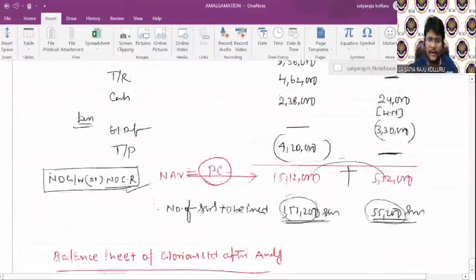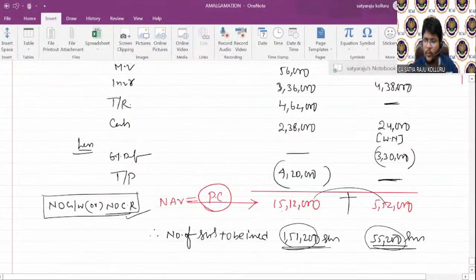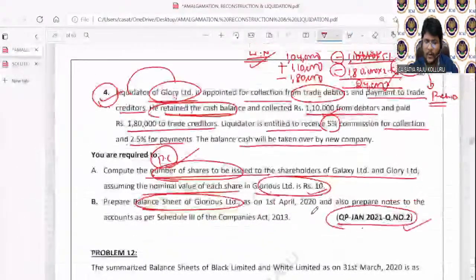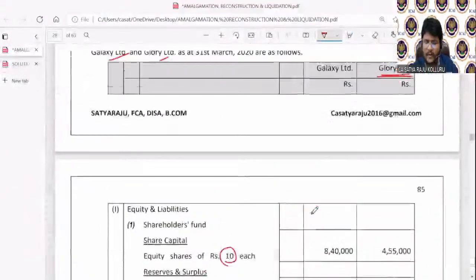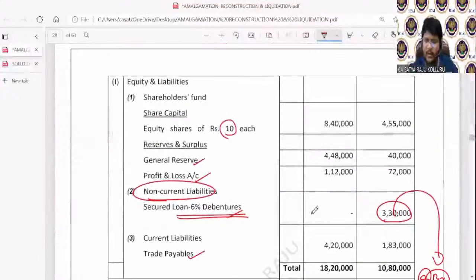Next, coming here, B, reserves and surplus. Sir, we already decided that there is no capital reserve. And one more thing, at the time of issue of the shares, all the shares are issued at face value only. That's why there is no securities premium. And the existing reserves and surplus of both the selling companies are not incorporated by the purchasing company. If it is a merger, then reserves and surplus of the selling company are incorporated by the purchasing company.